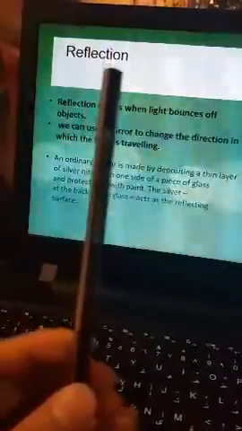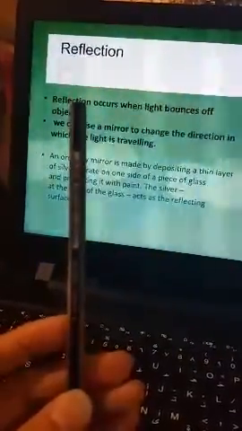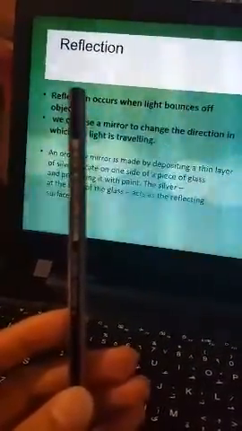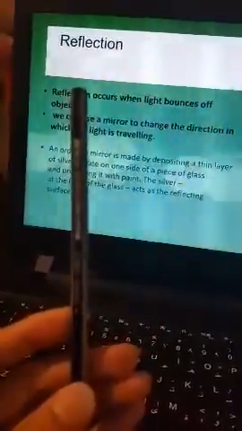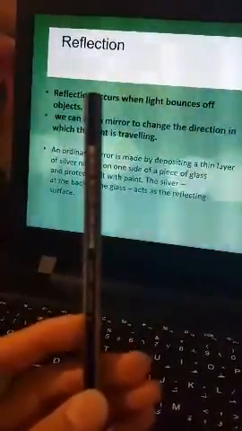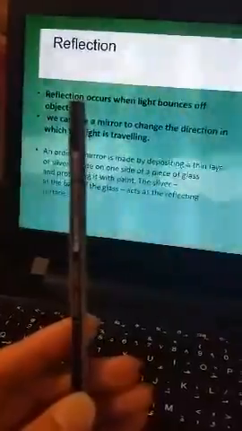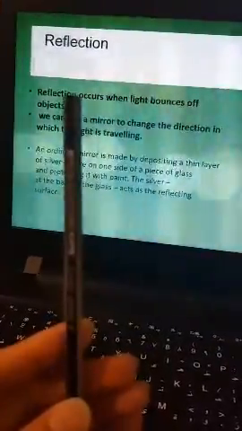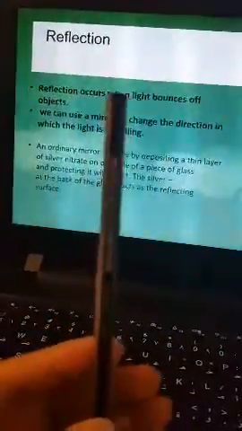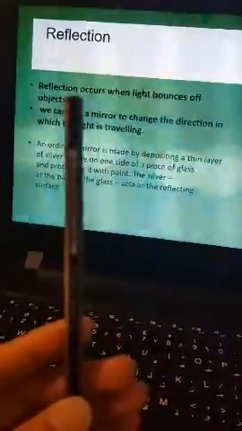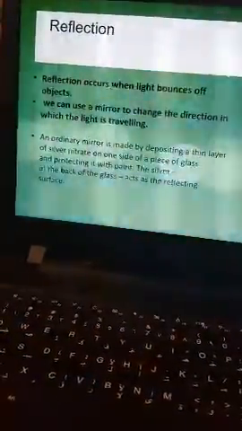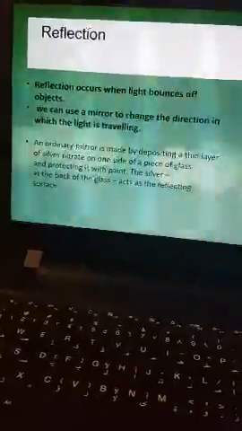So a light will reach this surface or the pencil, then it will reflect in so many directions. Some of these rays or reflected lights, they will enter my eye so I can see this pencil. So we have reflection everywhere, okay?